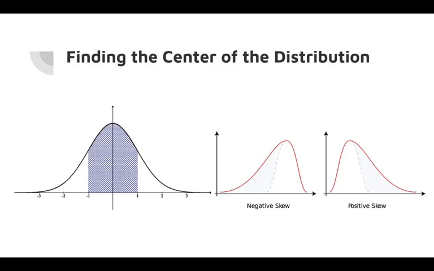And often we're interested in the middle of the distribution because typically when we take a sample, we're trying to make inferences, right? We're trying to say something about some population or some group.